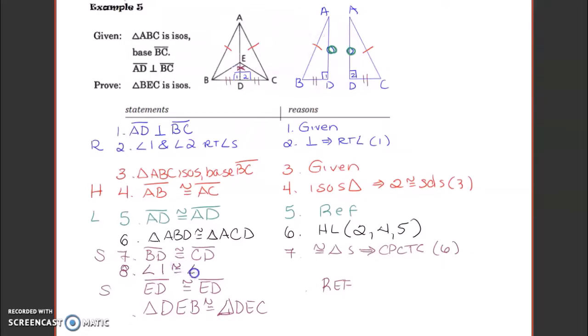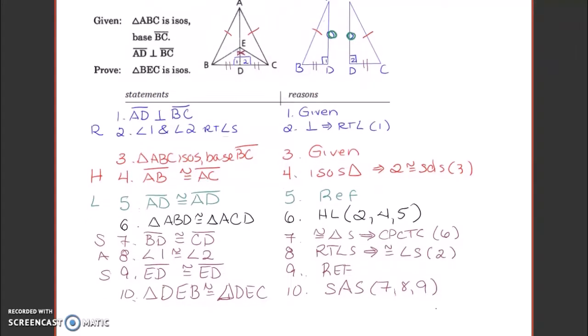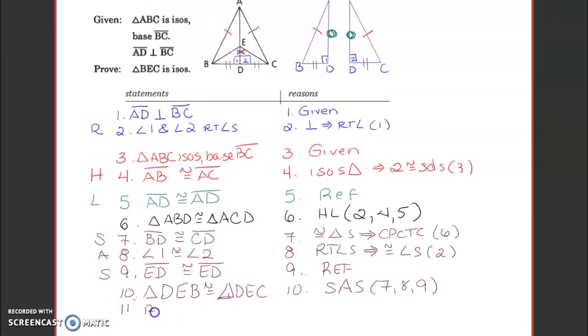Angle 1 is congruent to angle 2. Because if two angles are right angles, then they are congruent angles. And that comes from line 2. And then we have side angle side, lines 7, 8, and 9, which would then make BE congruent to CE.